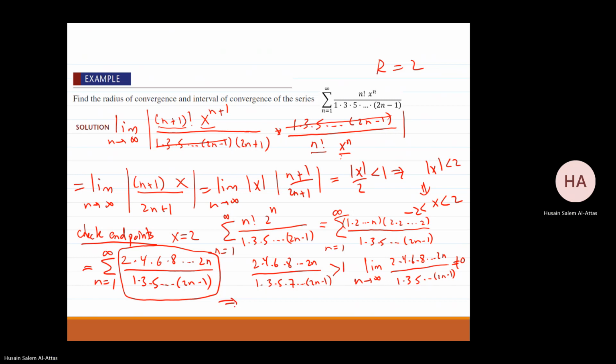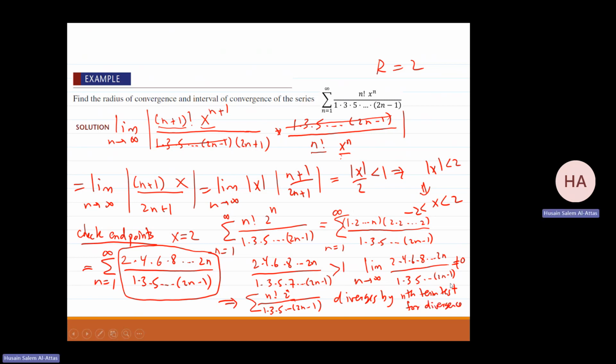So this series diverges by the n-th term test for divergence.